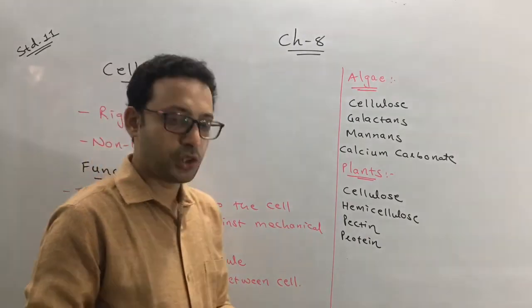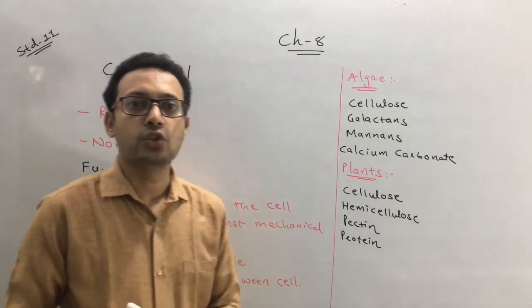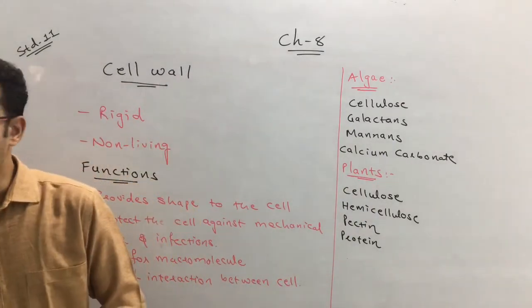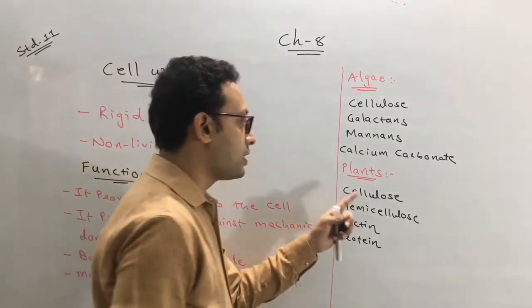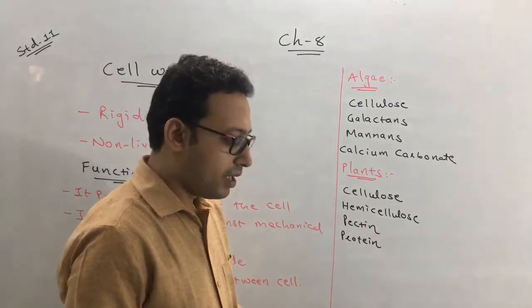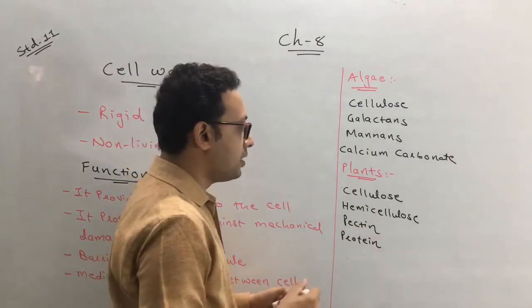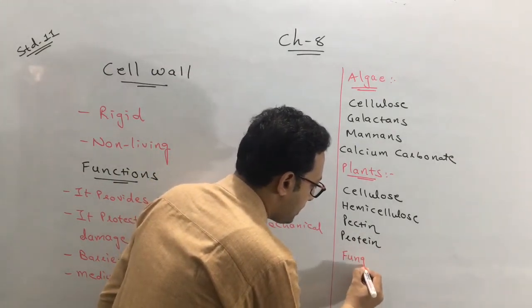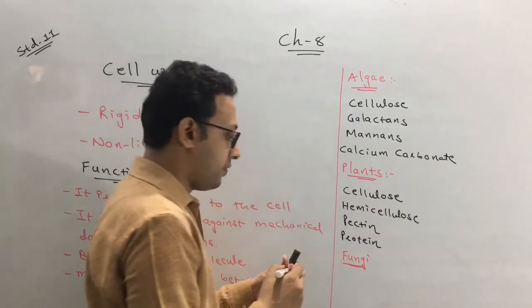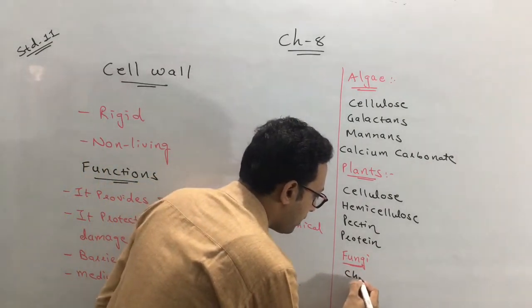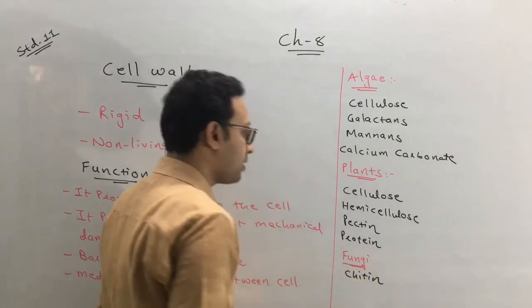The fungal cell wall is made up of chitin.